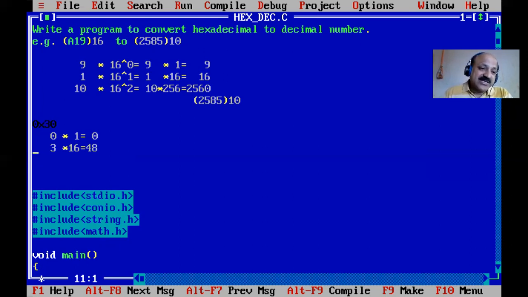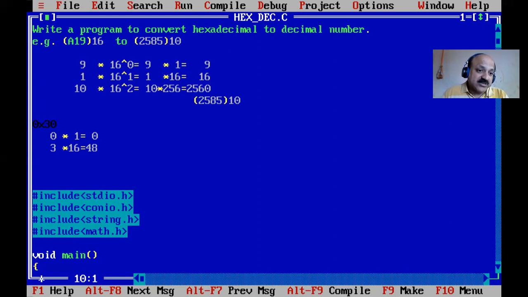For the first last digit you multiply by 1, so here it is 0, but any number you multiply by 1. Then the second last digit you multiply by 16, then the third last digit you multiply by 16 again, and the fourth last digit you multiply by 16 again. First 1, then 16, 16, and 16.